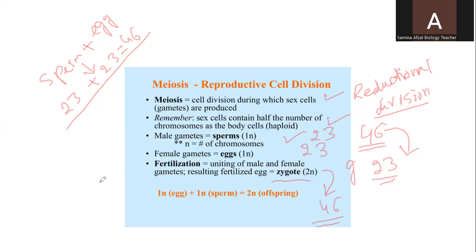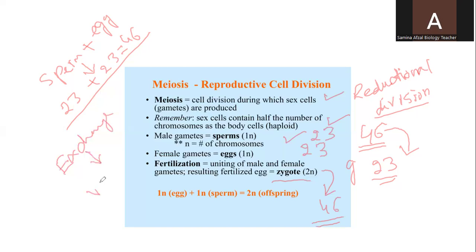In the first stage of meiosis, prophase 1, the chromosomes exchange their parts. The homologous chromosomes come close to each other, join together and exchange their genetic material.